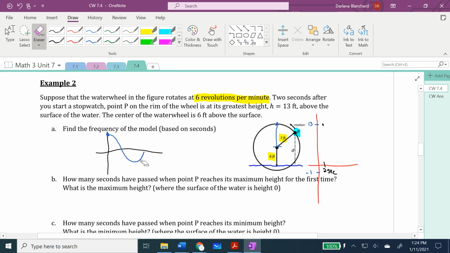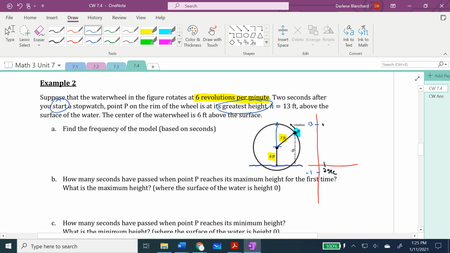How do you know it's a cosine graph? Good question. If you are looking at starting at a highest point or starting at a lowest point, you want to use cosine. If you're starting at a center point, you want to use sine.